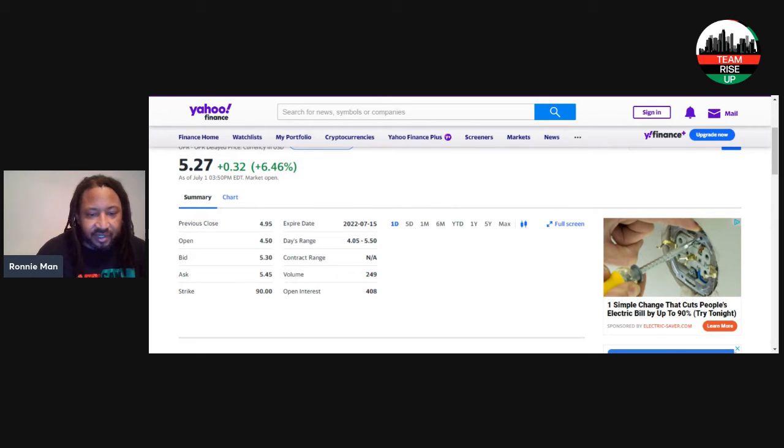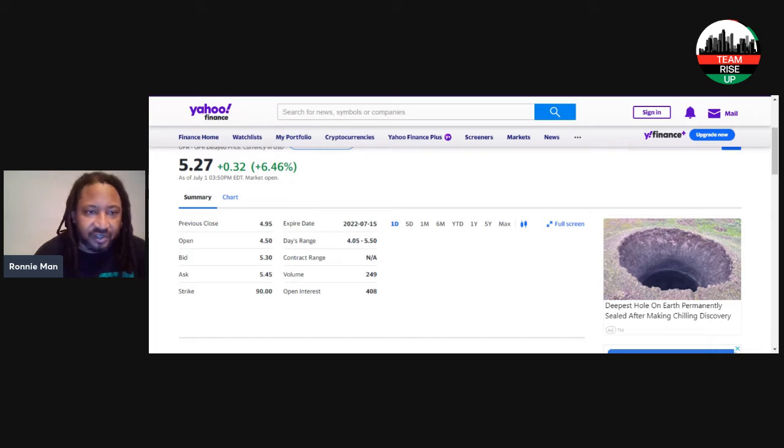Put in the ticker, Airbnb, and the expiration date of the contract. And as you can see, right above it is a contract that I was just talking about from the 15th. I mean, the 24th.